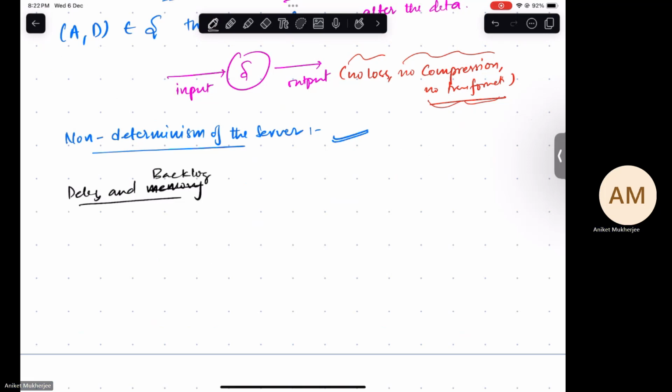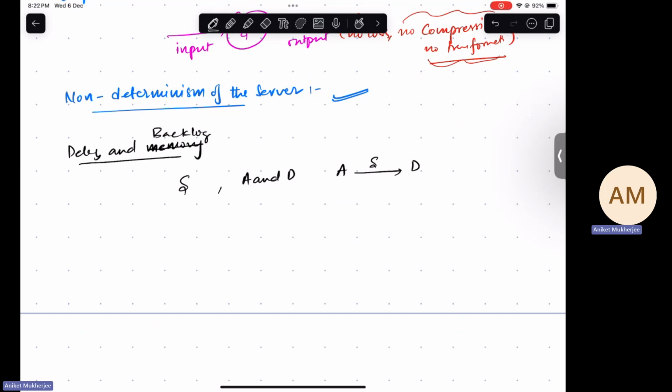So let there be a server S, and A and D are cumulative functions such that (A, D) belongs to the set S. Now for t greater than or equal to 0, we write d(A, D, t) as the virtual delay. What do I mean by virtual delay? It is a virtual delay that is associated with the flow A.